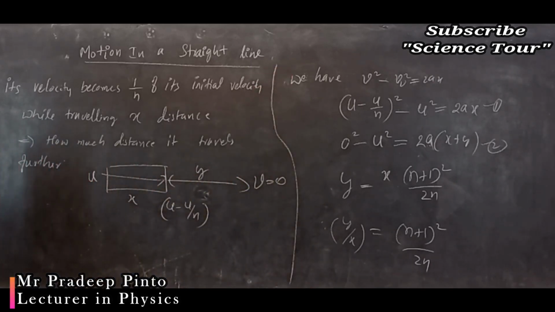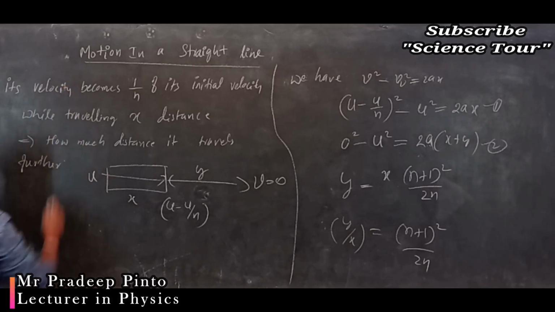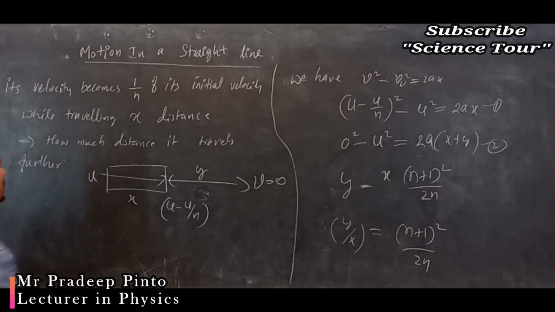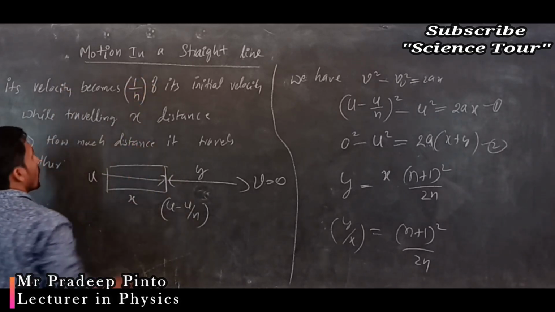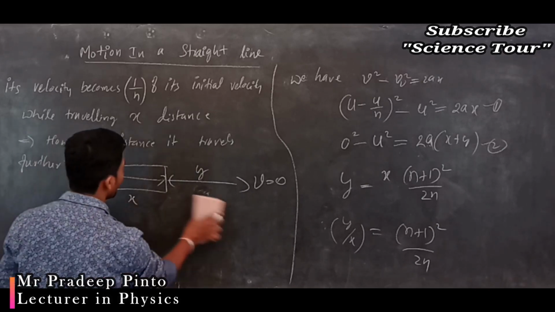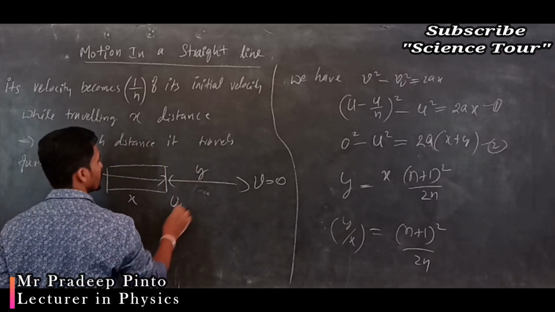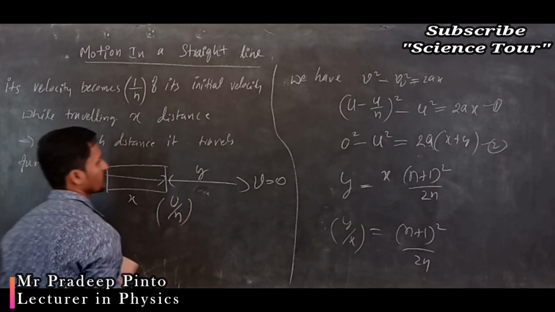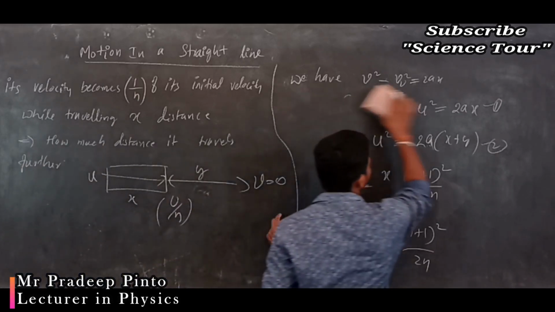The bullet's velocity becomes 1 by n of its initial velocity while traveling x distance. How much distance will it travel further? Now 1 by n of its velocity means here it becomes u by n. So same thing, after y it will become 0.